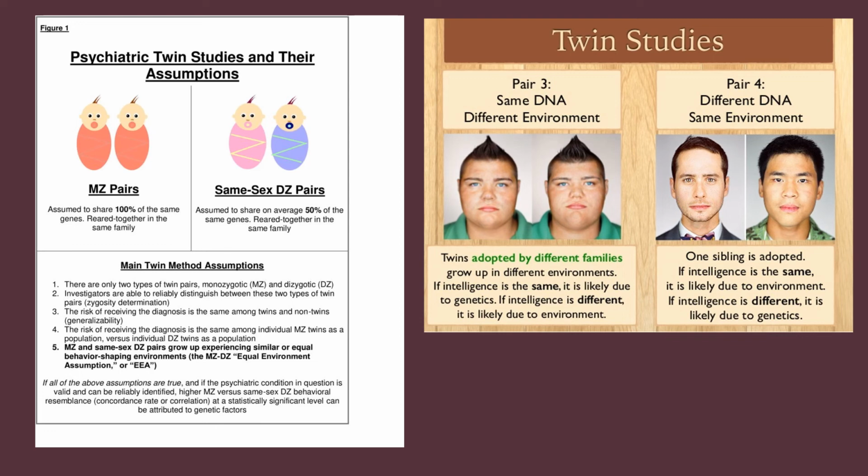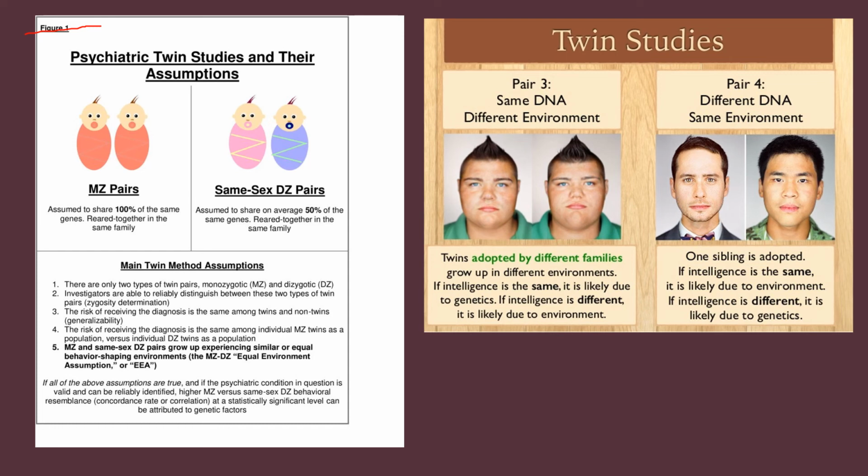Okay, example here in figure 1, diba, psychiatric twin studies and their assumptions. Merong monozygotic pairs, and they are assumed to share 100% of the same genes, and they're reared together in the same family. Kambal, identical. And then we have same-sex dizygotic pairs.